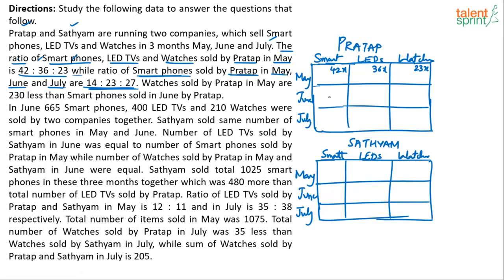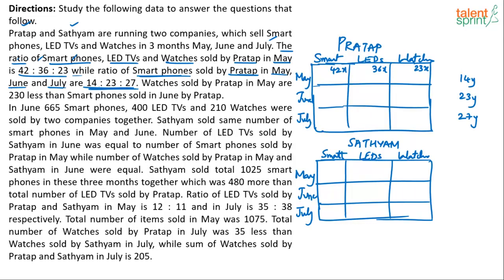But then what we can do smartly here is, instead of taking it as 14y, 23y and 27y for smartphones, see, already I know that this particular cell has got 42x. So can you convert y to x? Can you convert y in the form of x? See what happens if I multiply this 14 with something so that it becomes equal to 42. If it is possible, we shall do it. Otherwise, we'll leave it. You getting it?